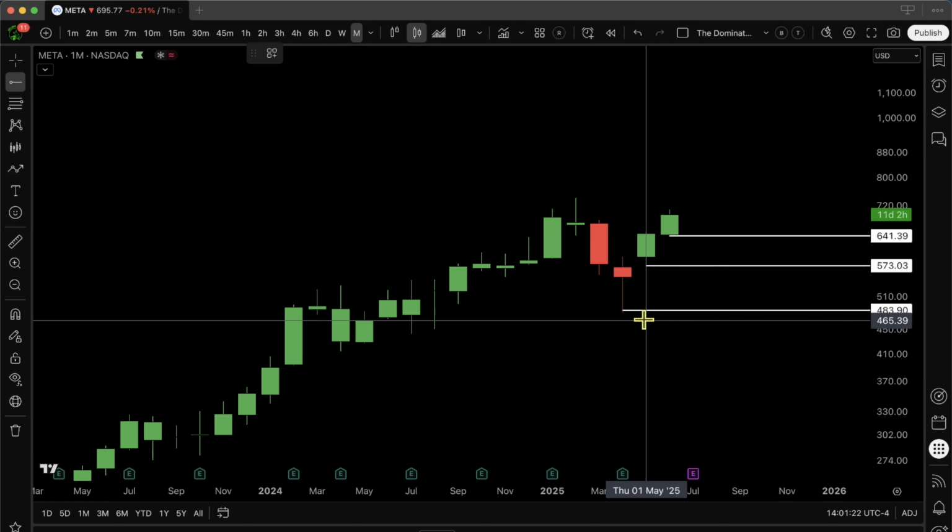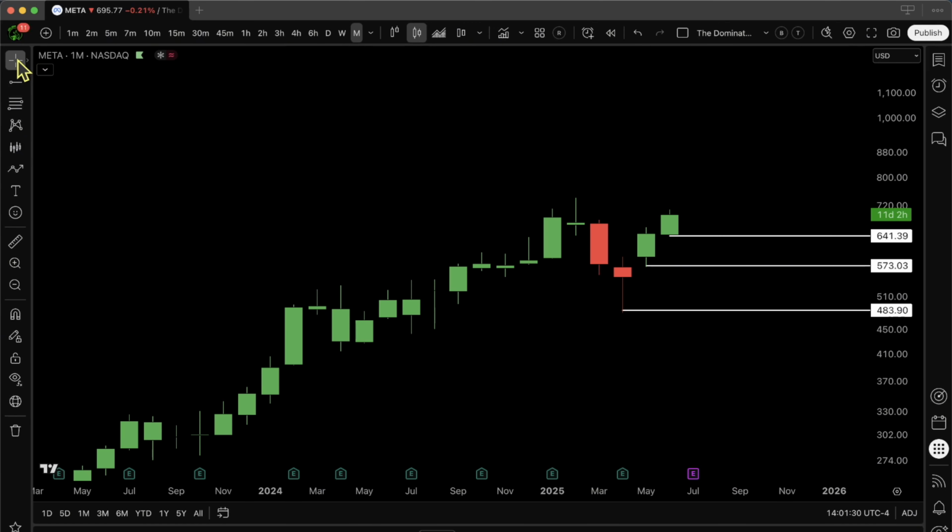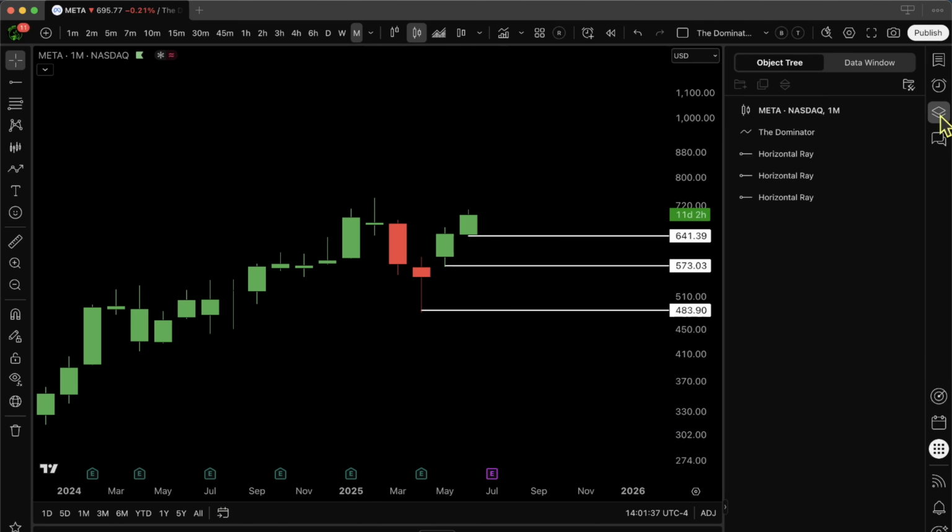Now, here's one of the things you want to do if you're going to trade and want to know what's going on with the support on the monthly level. You come over here to your object tree, and you're going to see that everything on this chart has been identified.